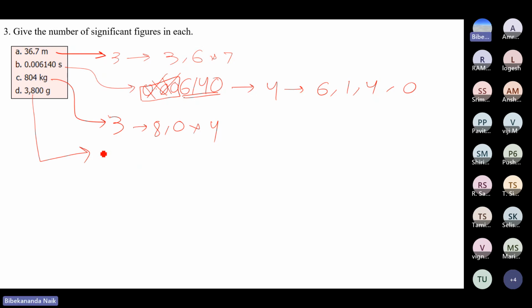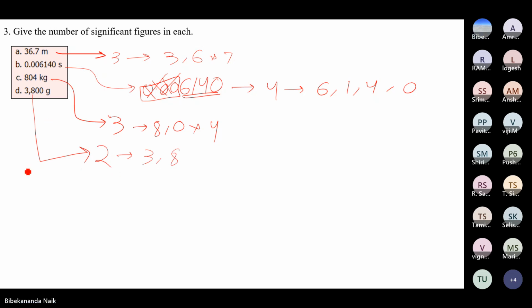So in D, since there are no decimal digits and all the zeros come after the non-zero digits, that is 3 and 8, after 8 there are 2 zeros, they are not significant. So the number of significant digits is 2 in this case, and they are 3 and 8.